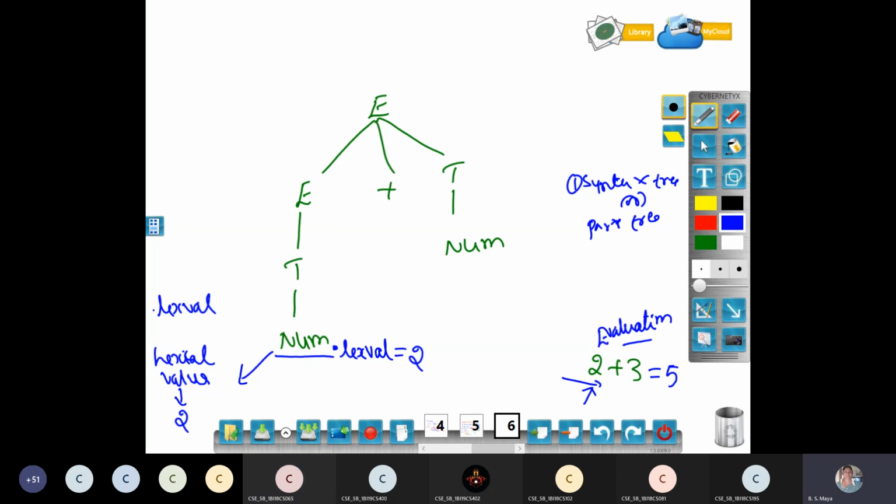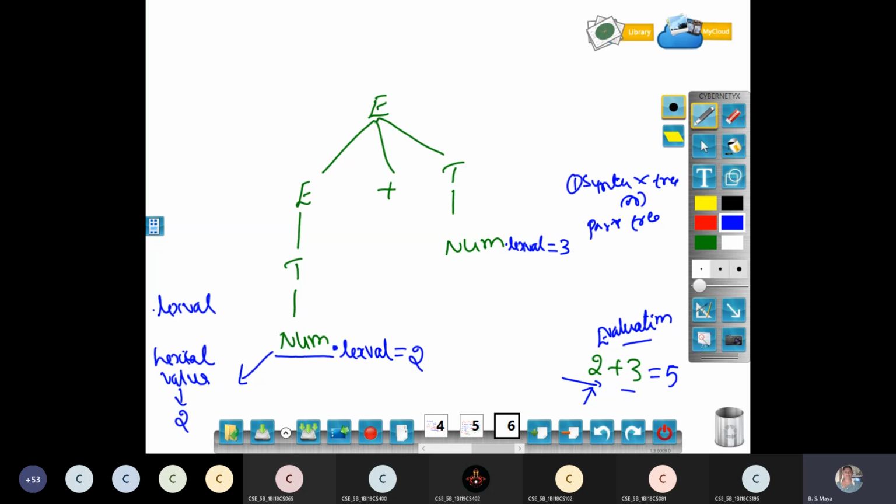Do you have any other terminal symbol in the parse tree? Yes, ma'am. What is that one? Num. Another num, it is also terminal. What is the name of the attribute? Lexval. Very good. It is the lexval. What is the value of this one? You see the grammar. It is 3, ma'am. Very good. Any doubt now?